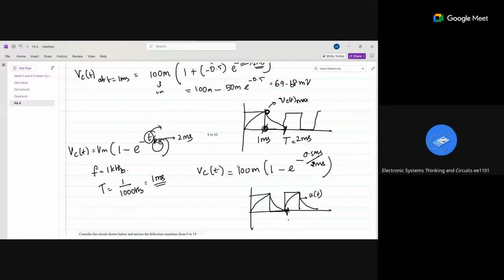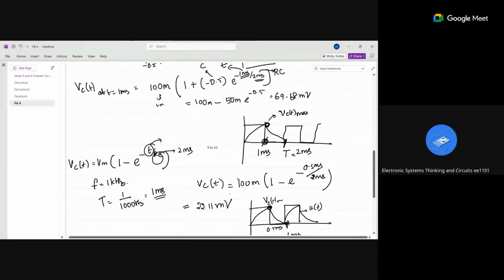This value is 1 millisecond. My maximum point is achieved at this point, which is 0.5 millisecond, Vc of t max. So tell me the answer. 22.12, or 11 millivolt. Yes. Now this question is clear, right?